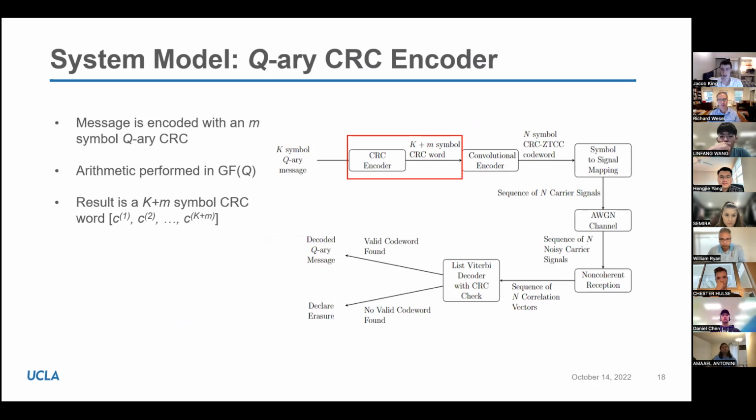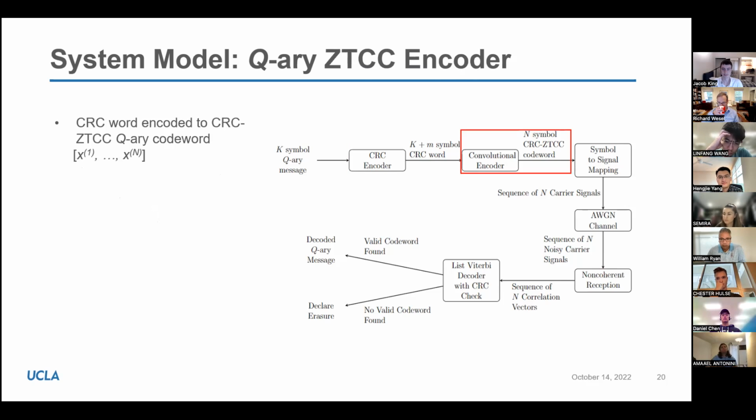Since it is an M-symbol CRC, the CRC encoding adds M symbols to our original message, resulting in a K plus M symbol CRC word. Our CRC encoder is systematic, which means that the original message appears as the first K symbols of the CRC word. In other words, the CRC encoding simply adds M symbols to the end of our Q-ary message.